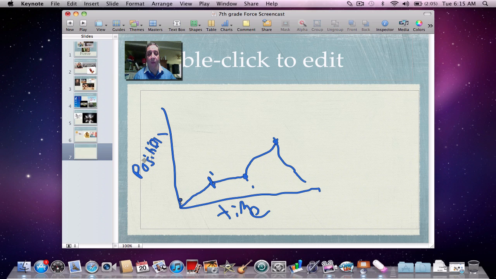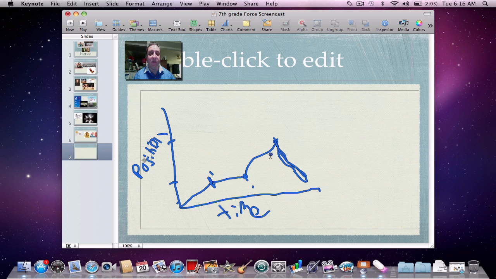This is going in a positive direction, stop, going in a positive direction. Here I start coming back. Let's say this is 0, this is 5, this is 10. I went from 0 to 5 to 10, and here I go from 10 back towards 0. I'm going back to where I started from, because vectors have to do with both quantity and direction.